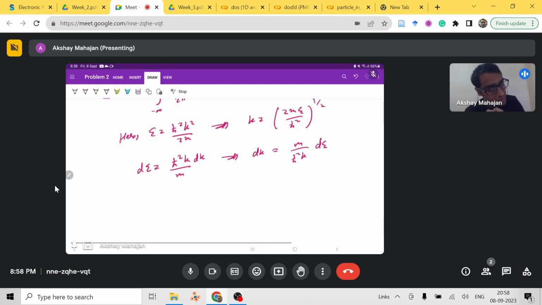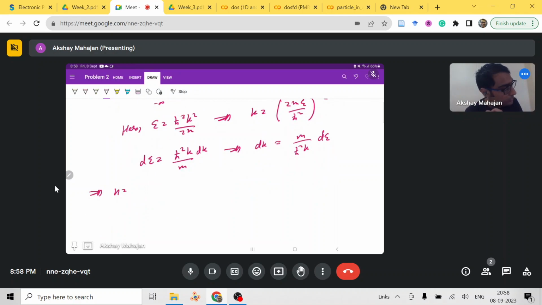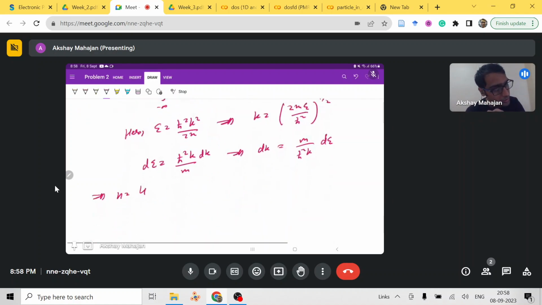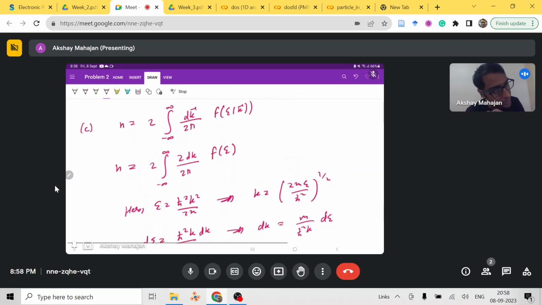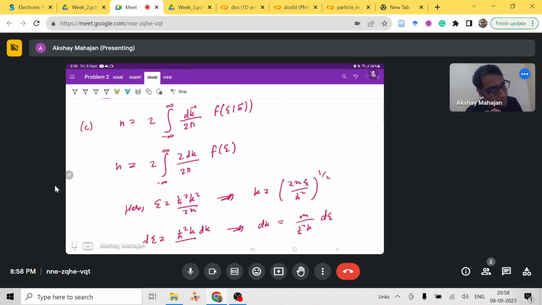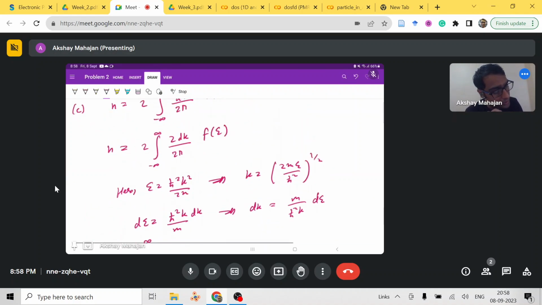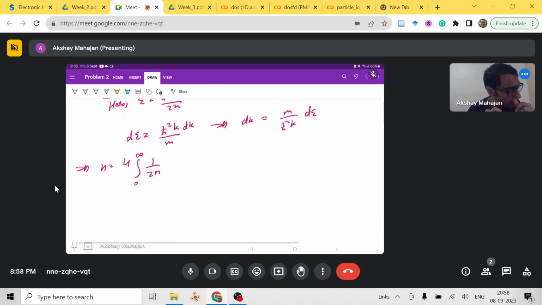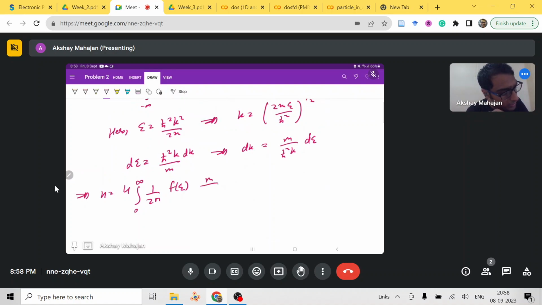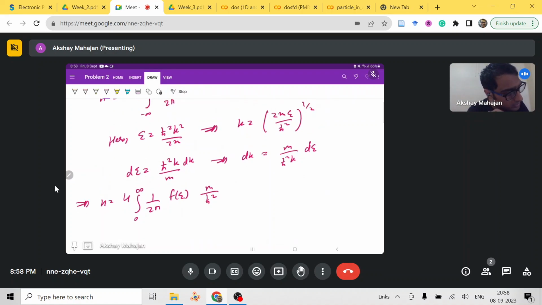Using this, we have n, and here the 2 cancels, so I can write it as 4 times the integral from 0 to infinity. I am still keeping the 1 upon 2 pi that I had here. I will have f of epsilon, and instead of dk I will have m upon h square k, where k can be written as 2m epsilon upon h square whole to the power 1 by 2, d epsilon.